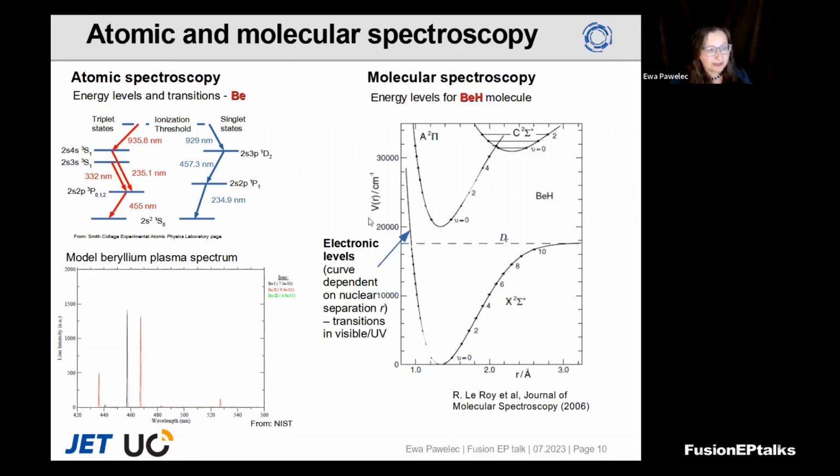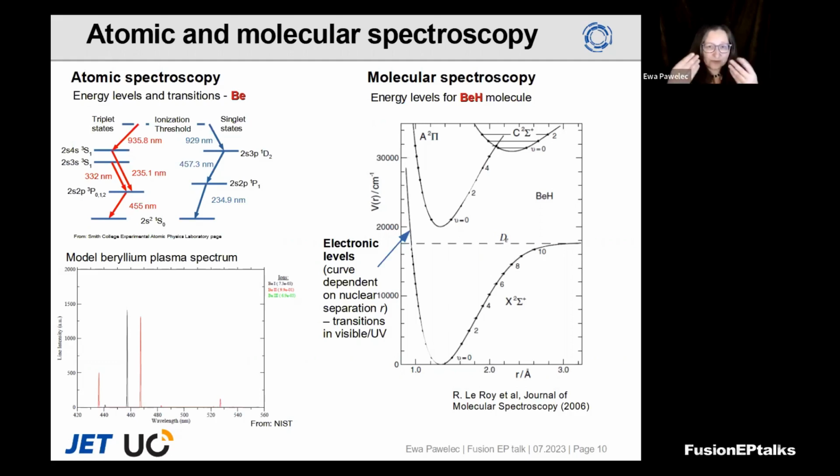In the case of the molecule, here you have beryllium hydride as an example, and each of the electronic levels does not have one particular energy. Here is the energy curve, meaning that the energy of the electronic state depends on the separation of the nuclei in the molecule, and these are always changing. The molecules are always moving.